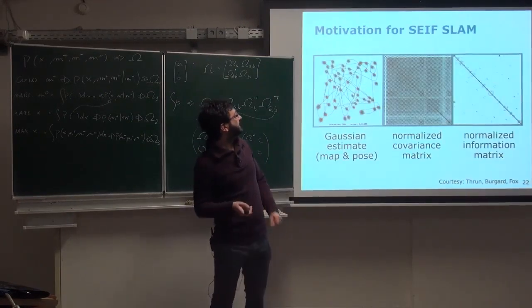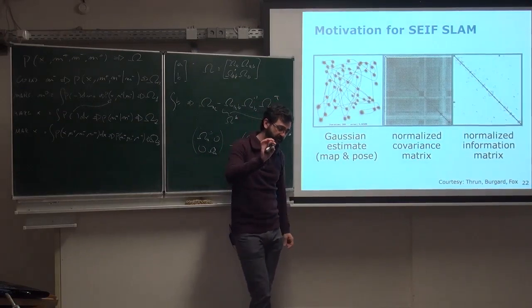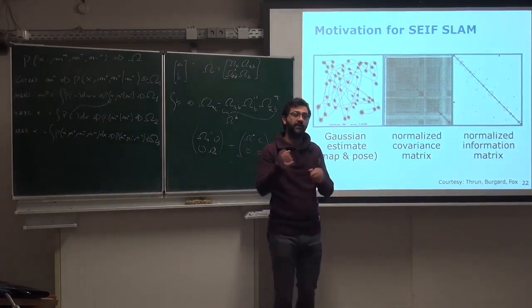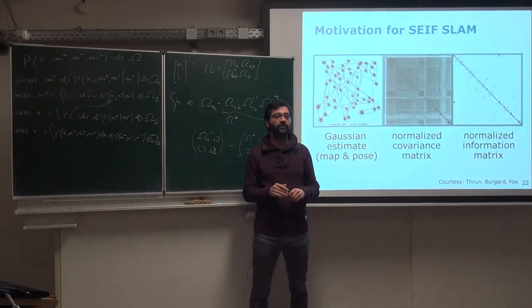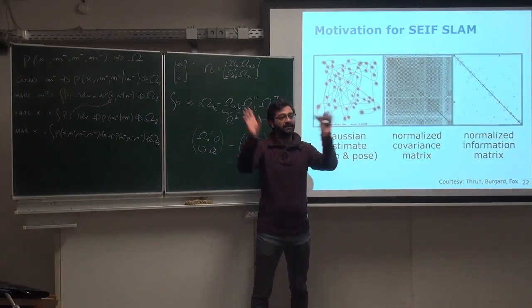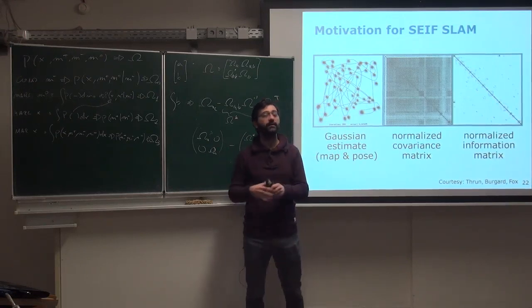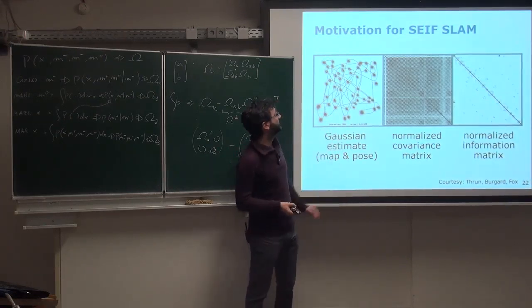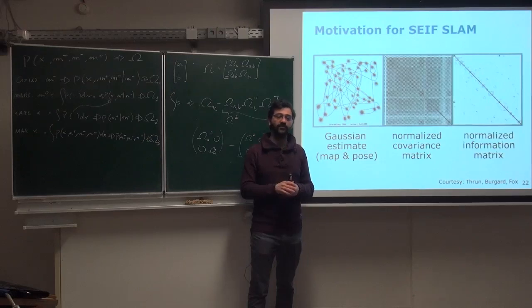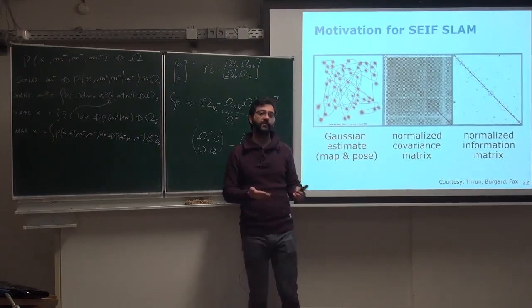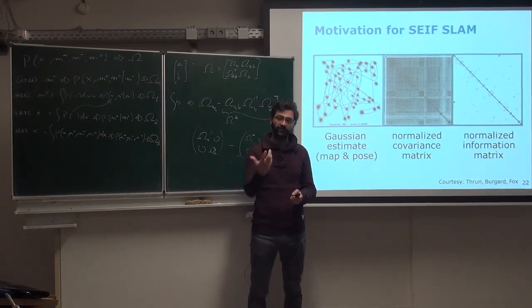If you instead have a system where you know the structure and you can play around with sparsity, you can play around with conditional independence, and you know that something can actually be approximated very well, which is the case of SLAM, then the information filter becomes interesting to explore. And the reason is that you gain efficiency by considering the sparsity of your distribution.